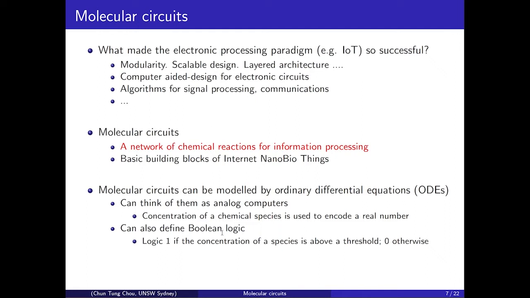So we can do the same with molecular circuits. In this case, logic 1 may mean that the concentration of a certain species is above a threshold, otherwise it's 0. Just in the same fashion as for electronic circuits, voltage above threshold is 1, otherwise it is 0.